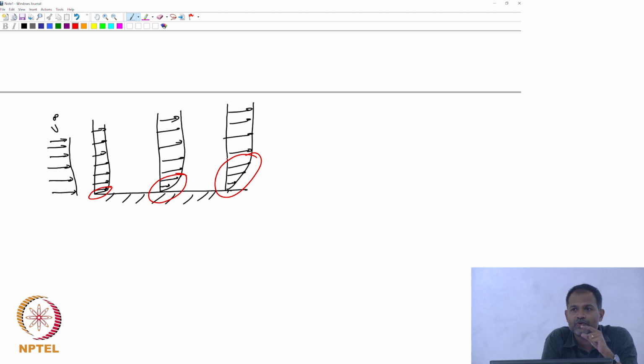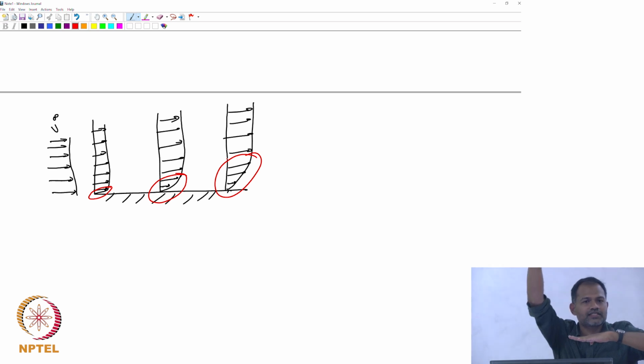So this is where we are going to define our boundary layer thickness. We want to define the boundary layer thickness as the region which is affected by the solid plate. In principle, all the fluid up to infinity will also see it, as the fluid layer gets slowed down.